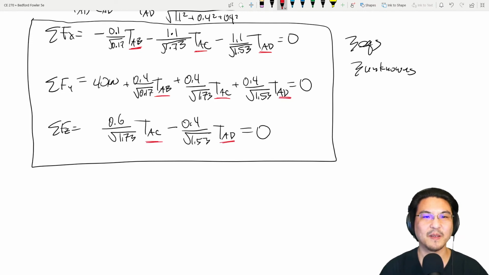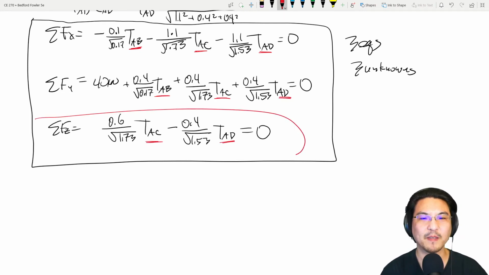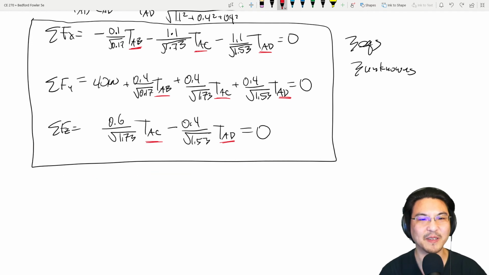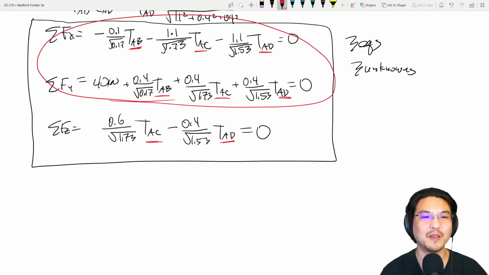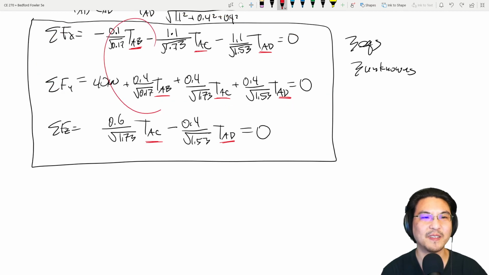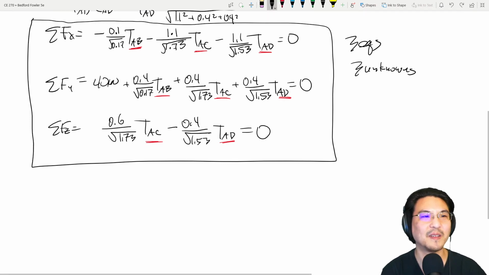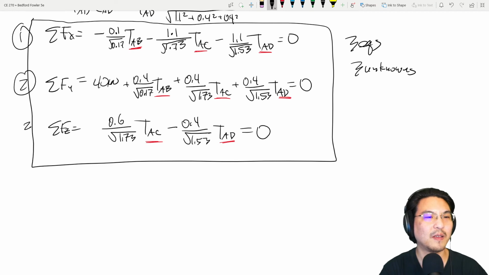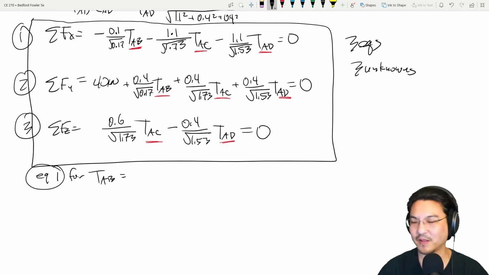If I take a look at it, this only has two unknowns, so that's nice. I would like to combine these two to get rid of TAB. Let me label these. You could solve equation 1 for TAB.